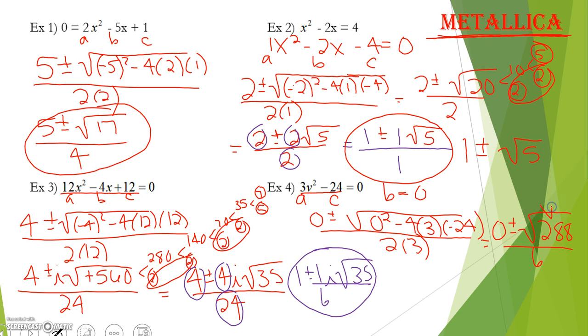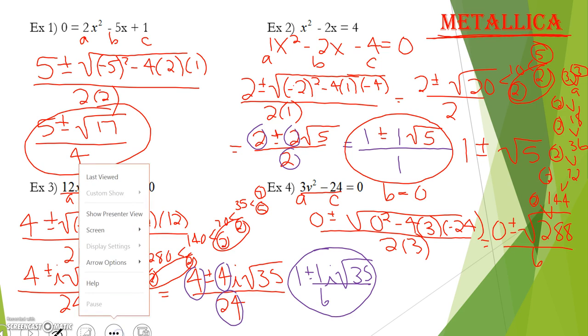And then I break down the 288. So that would be 2 and 144, 2 and 72, 2 and 36, 2 and 18, 2 and 9, 3 and 3.